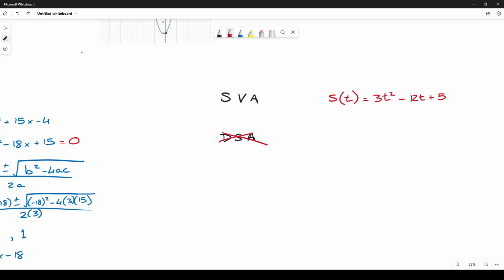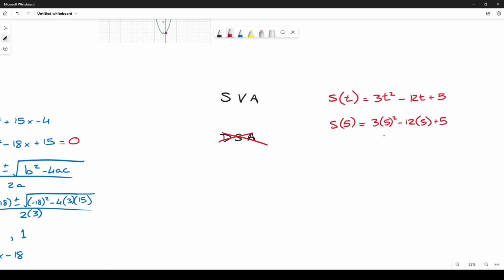If they say what's the distance that's occurred in the first 5 seconds, or how far has it traveled after 5 seconds, you basically just replace the t with a 5, and that will tell you how far it's gone after 5 seconds, because that's the distance formula, if you follow me.